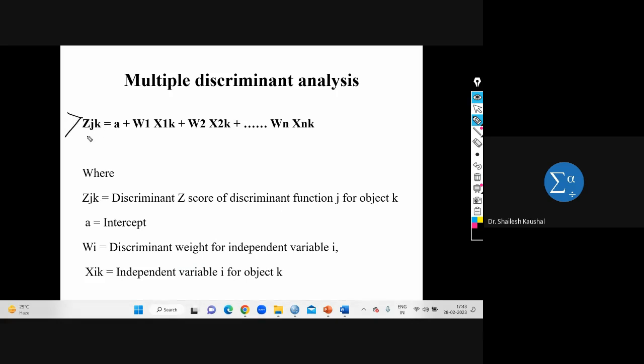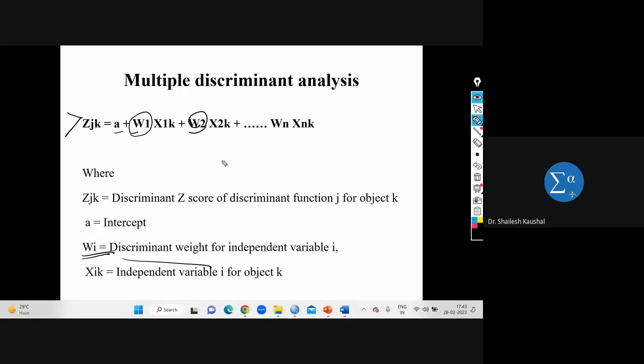Okay. So here the equation is Z_jk = a + W1. It is the regression weight, the same as the discriminant regression weight. It is the discriminant weight. Look, Wi means the discriminant weight of the independent variables.